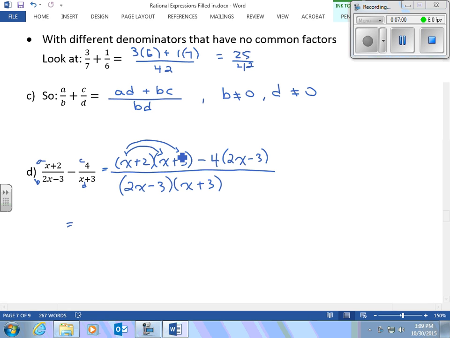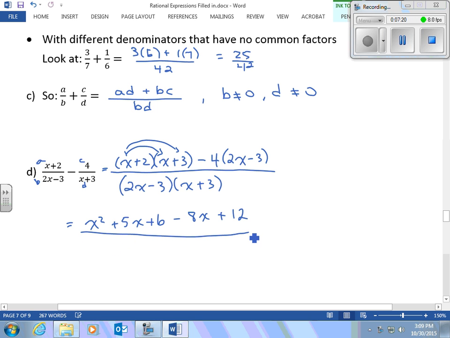When I multiply these two, I'm going to end up with x squared plus 5x plus 6 minus 8x plus 12, because it's negative 4 times negative 3. My denominator, I'm going to leave it in factored form, 2x minus 3 times x plus 3.